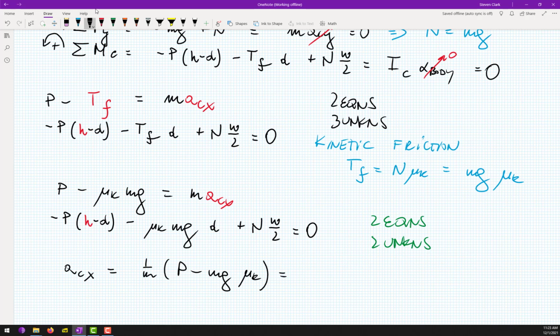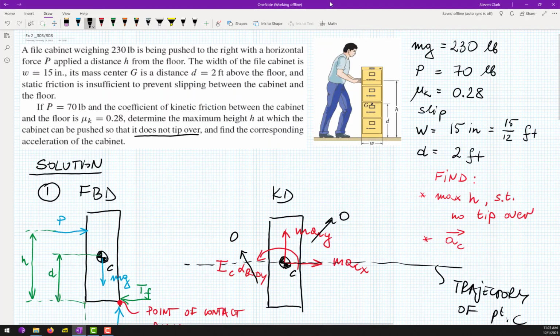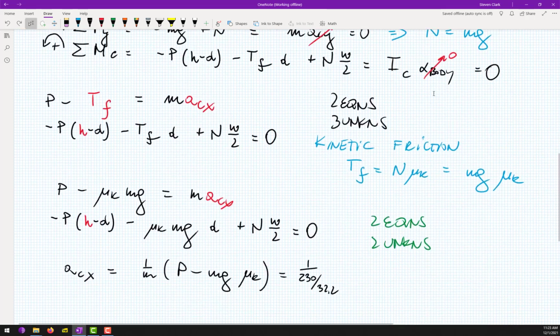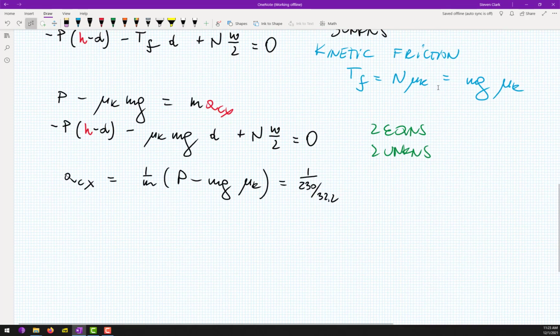So let's plug in values. In here we will have 1 over 230 divided by 32.2. Please remember, our cabinet weighs 230 pounds, so please do not forget to divide that by 32.2, okay? And in here, I think that P was 70 minus 230, mu k was 0.28.